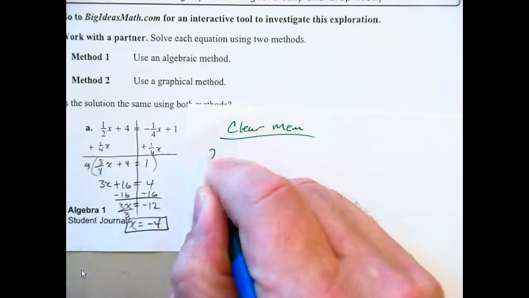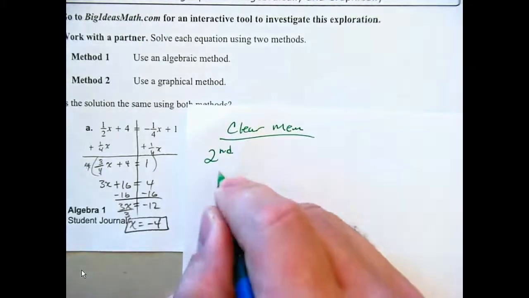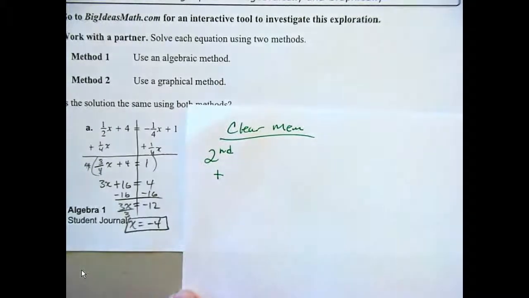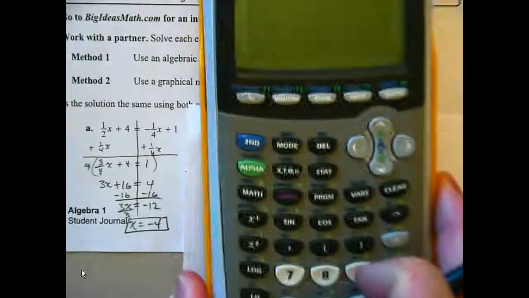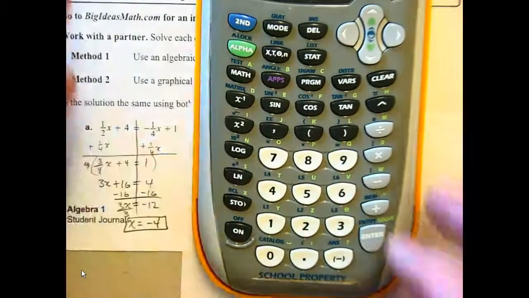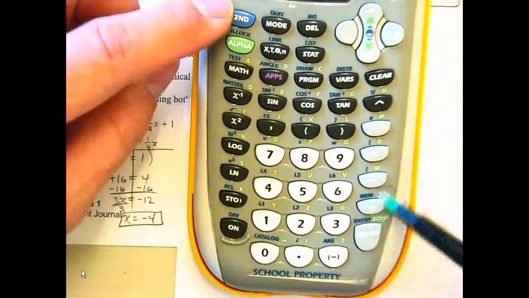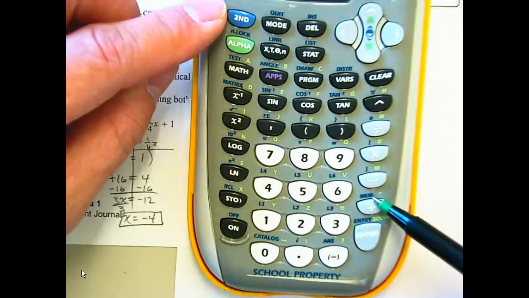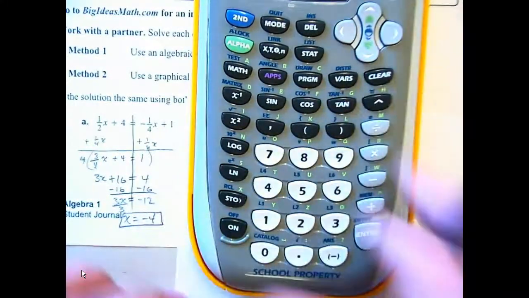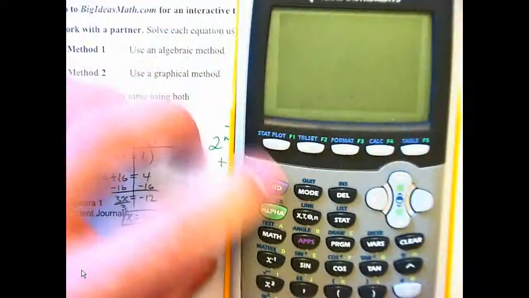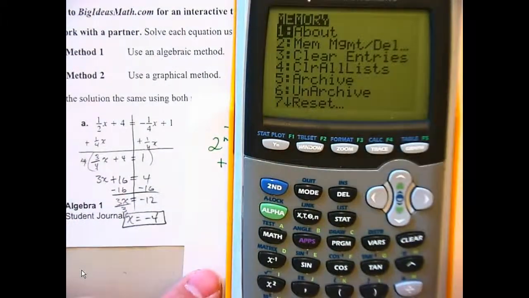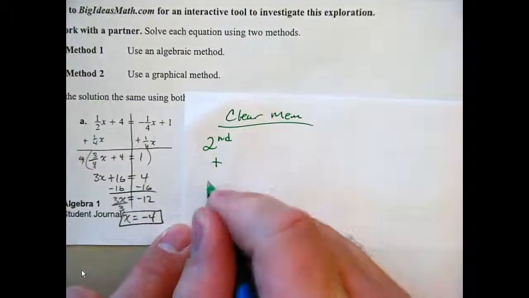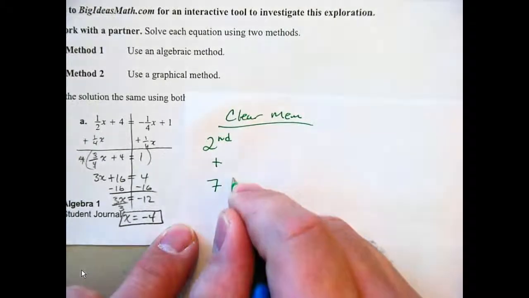You push second plus, that will be the memory key. If you look at your calculator display, second is like your shift key, and then plus, right above it you have mem. That gives you access to the memory, so second plus says memory. You want to select number 7, which says reset.